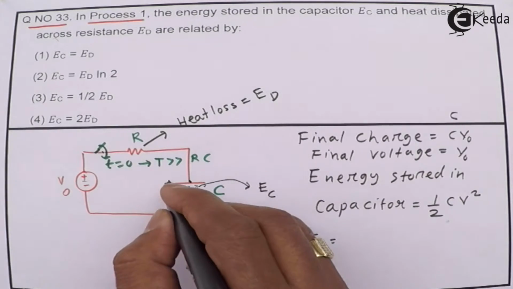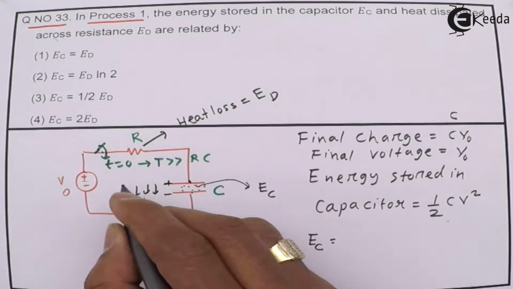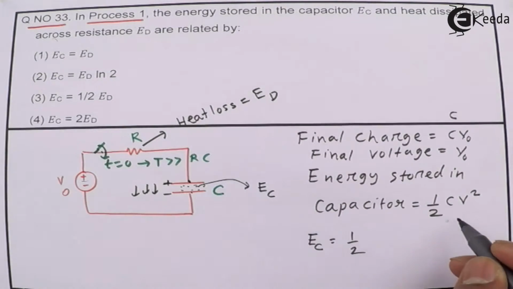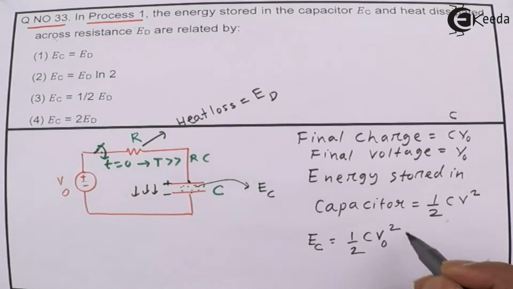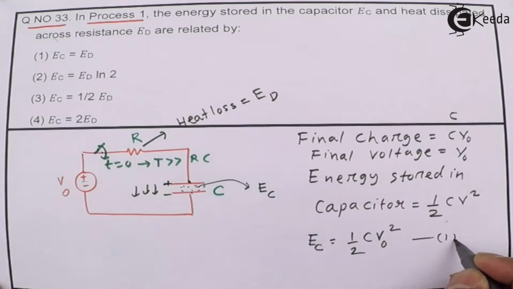The plates being positive and negative, the electric field in the capacitor will store the energy, half of CV square. C is not going to change. V is V0, so it is half CV0 square. This is the energy stored. So this is one equation we have got.